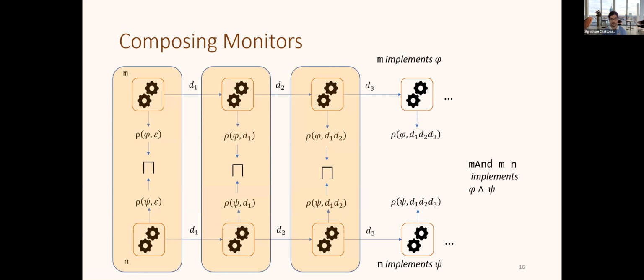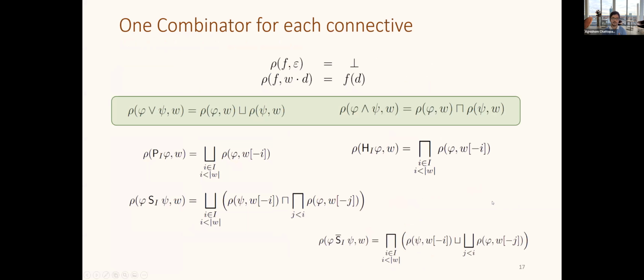Now this construction would give us a monitor which would compute the robustness value for phi and psi. This kind of construction, in which we compose monitors in a certain way, is what we call combinators.